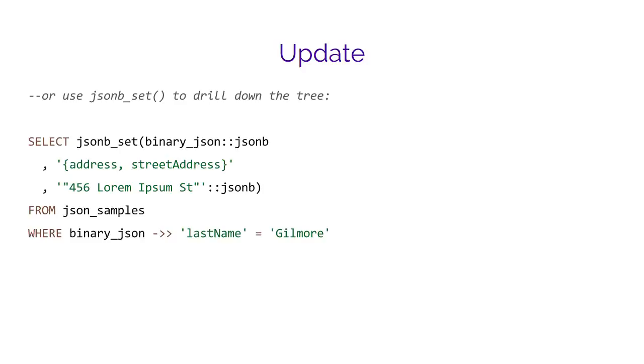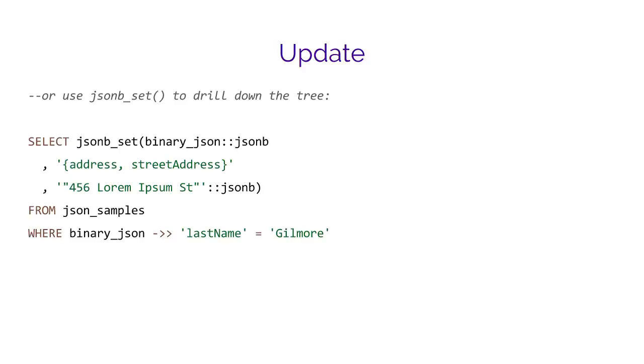It takes a few parameters. The first parameter is which column you're updating. The second is the JSON path that you'd like to update, as text. So our top level key is address, and then the secondary key is street address. And then the final parameter is what you want the update to be.